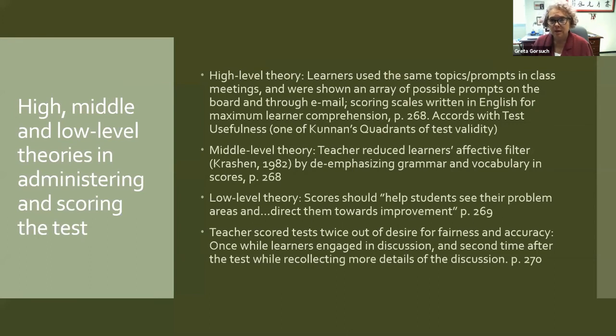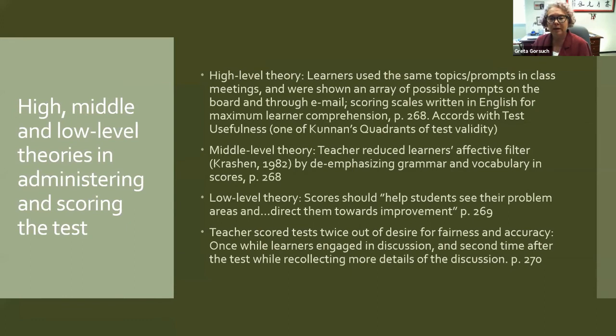All of these things accord with test usefulness, which is one of Kunin's quadrants of test validity, which is a high-level theory. I don't know if you're familiar with Anthony Kunin, but this is a very important aspect of test design. It's right up there with communicative competence.